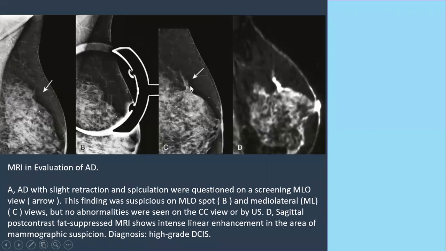I cannot say leave it like this. Since it is suspicious, I will proceed. We do the MRI, which definitely demonstrates linear enhancement, and the biopsy diagnosis was high-grade CIS. We cannot ignore it.